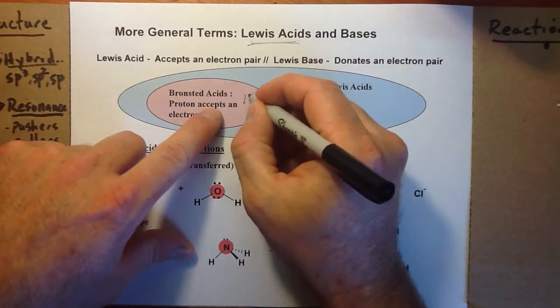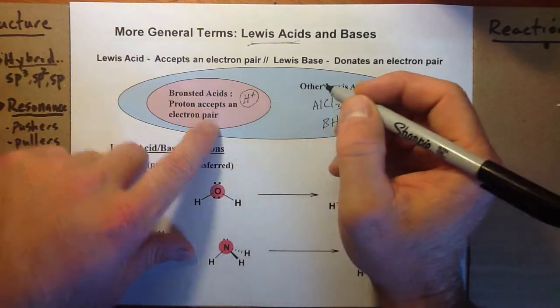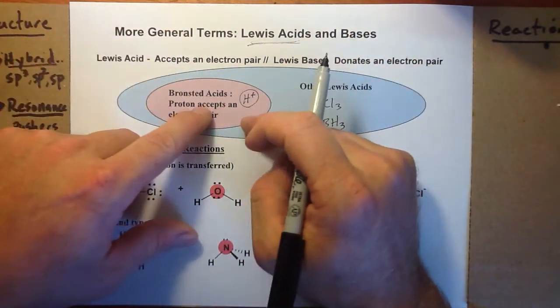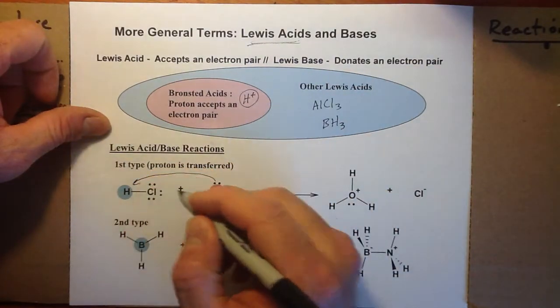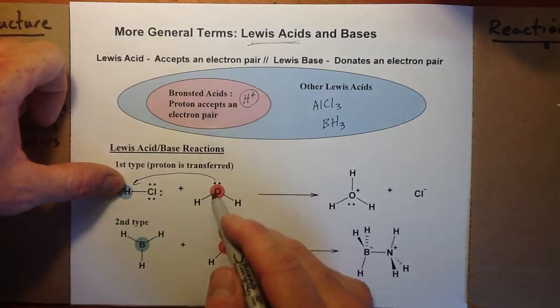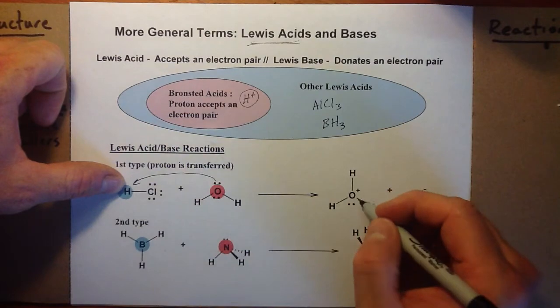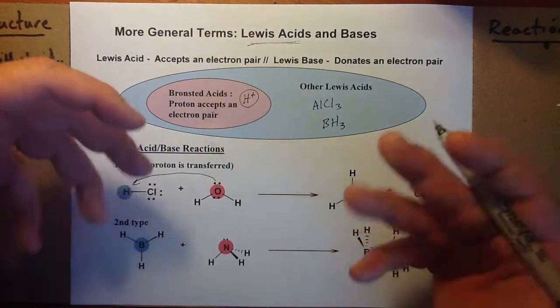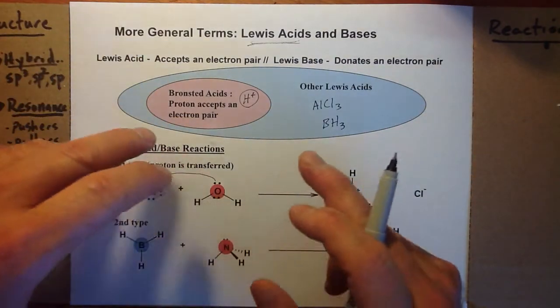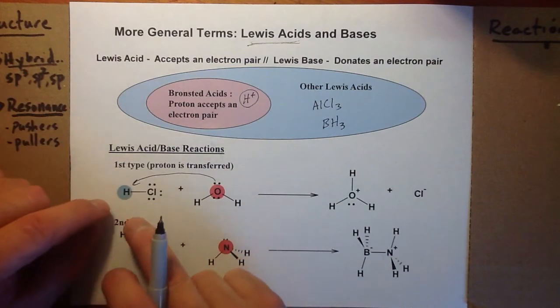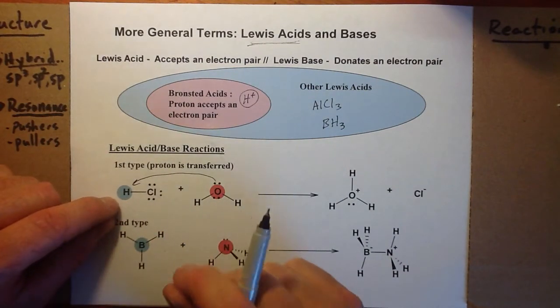In a Bronsted acid, we still have a proton accepting a lone pair. For example, HCl gives a proton that is accepted by this oxygen to make a hydronium ion. The Lewis definition looks at the lone pairs, while in the Bronsted definition we have to consider a proton.